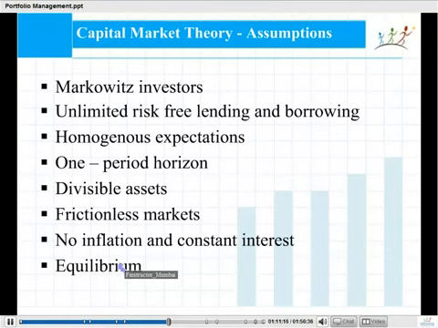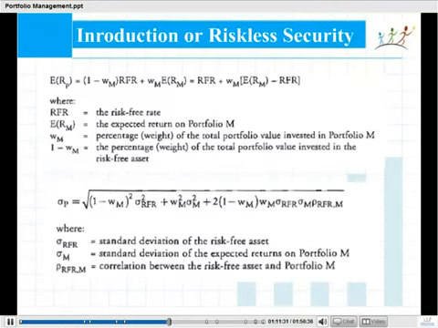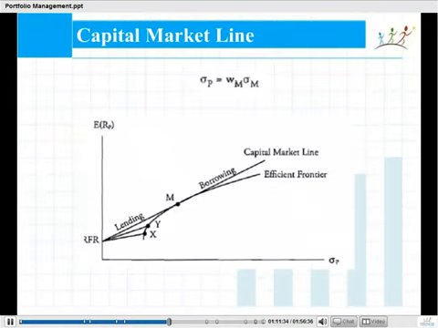All assets are fairly priced. Under these assumptions, the good part is at least a risk-free asset is available now. Under these assumptions, let's try to compute the expected return on different portfolios.